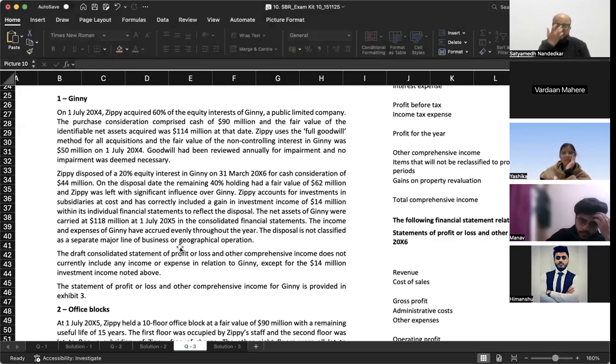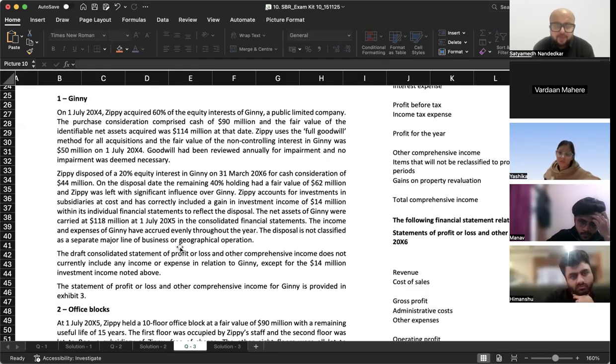On 1st of July, Zippy had acquired a 60% interest in Ginny, a public limited company. Purchase consideration comprised $90 million and the fair value of identifiable net assets was $114 million. Zippy used the full goodwill method for all acquisitions and the fair value of NCI in Ginny was 50 million.